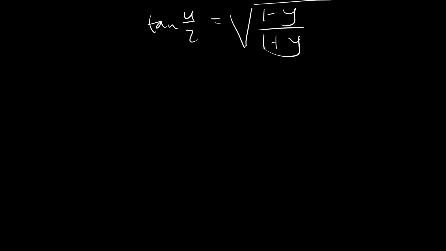So we've come to a point where tangent of u over 2 is the square root of (1 minus y) over (1 plus y).